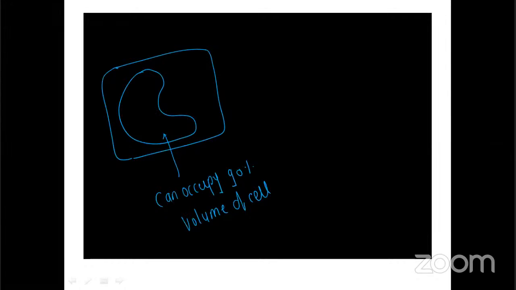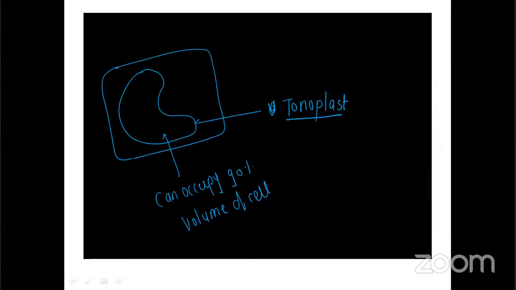The semi-permeable membrane of vacuoles is called tonoplast. Tonoplast is the semi-permeable membrane of vacuoles, and this membrane helps in maintaining the composition of the vacuolar fluid, which is called the cell sap.